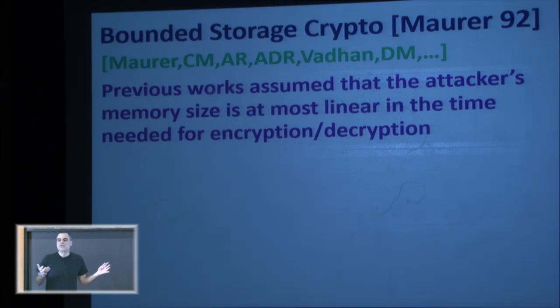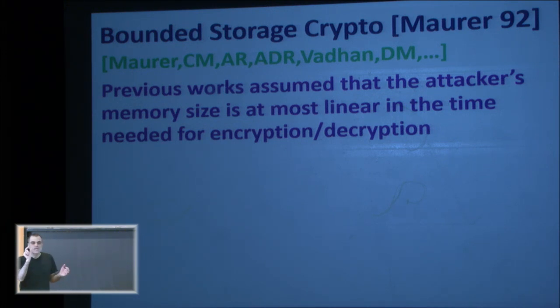What this work did, more or less, was assume that there is a high rate source of randomness that transmits random bits to all parties, and then you wait until the attacker cannot store all these random bits anymore, because its memory is small compared to the number of random bits transmitted.